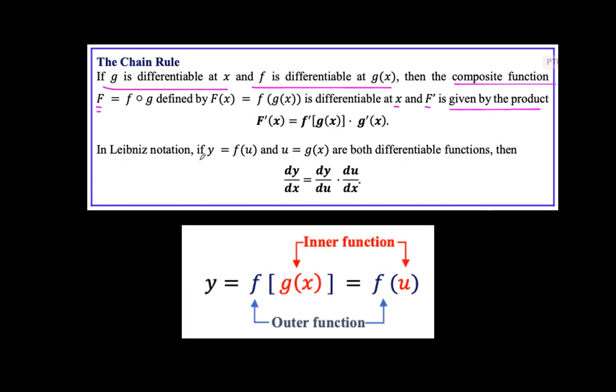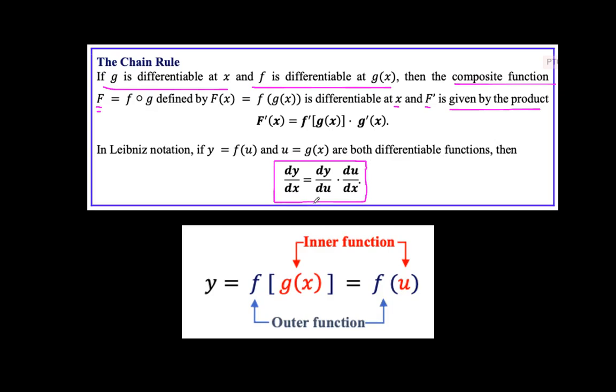So in Leibniz notation, we can rewrite this in this form. If y is equal to f of u and u is equal to g of x are both differentiable functions, then we can use this formula to solve for the derivative of the given function y.